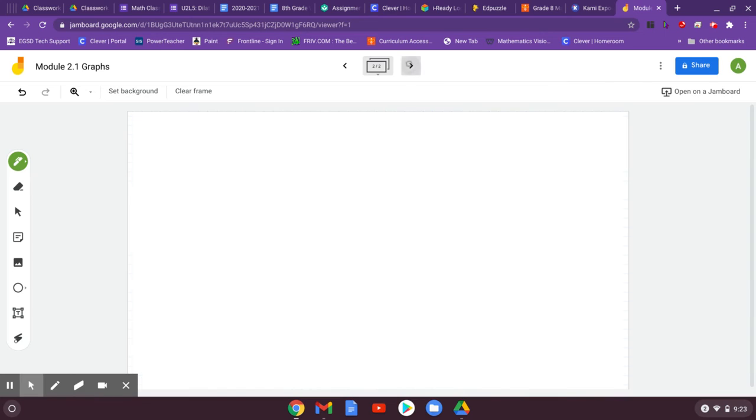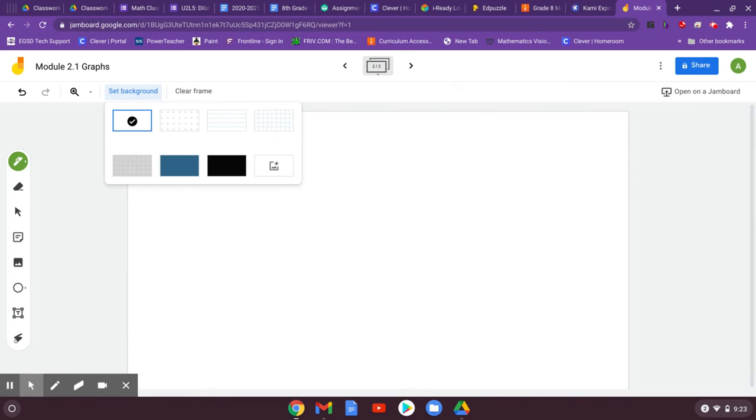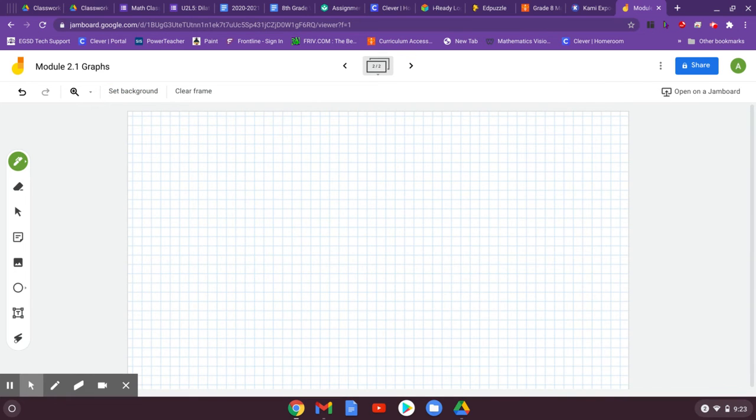So I'm going to go to another page here, clear that up, and put some grids on there. So my table, really quick, was minutes and amounts, again, my x and my y. 0 was 5, 1 was 7, 2, 9, 3, 11.